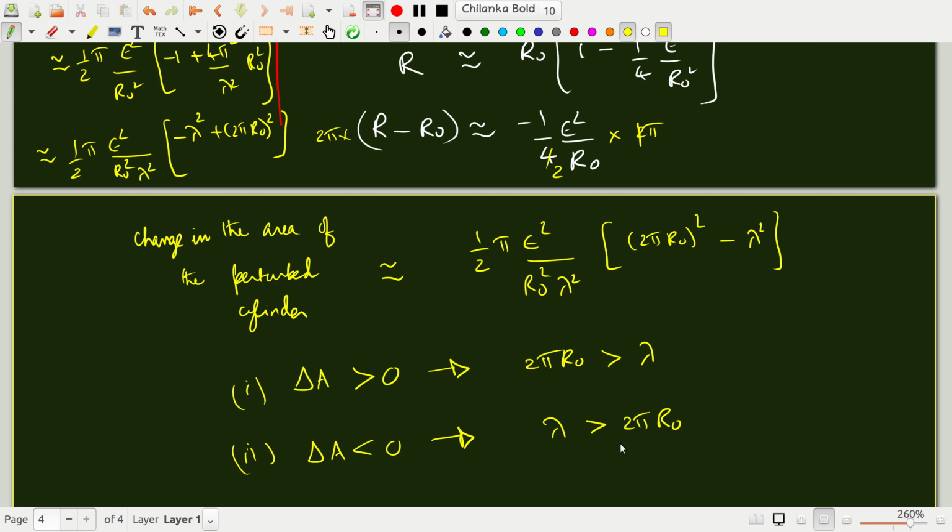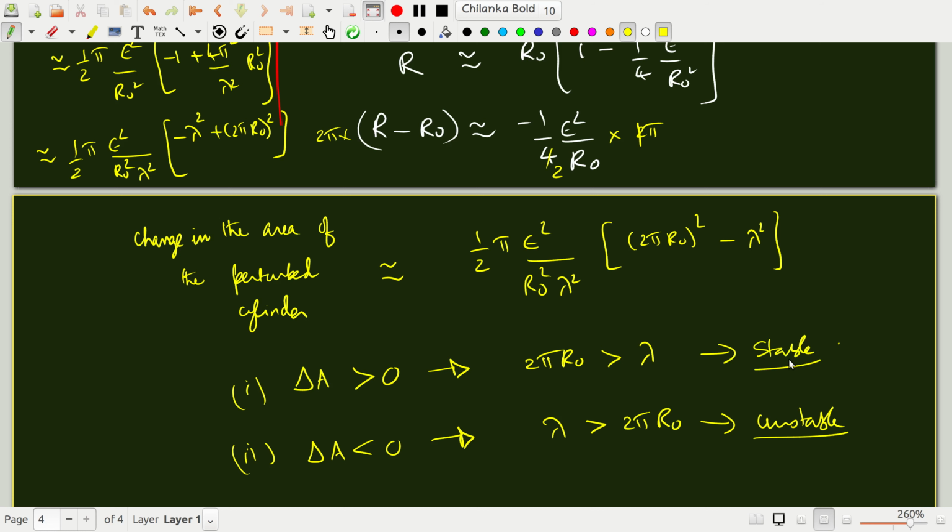That is, the wavelength of the perturbation should be greater than the circumference of the cylindrical jet. Then this is potentially unstable because such a deformation leads to a decrease in area, whereas when you have very small wavelengths compared to the circumference of the cylinder, such a disturbance is stable.